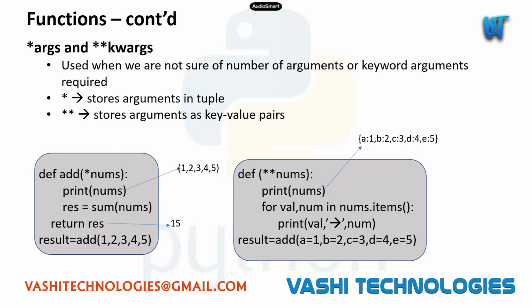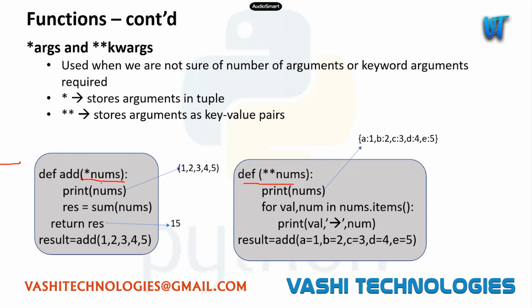Let's say I'm defining function with three numbers and you are trying to pass four numbers for performing addition operation, then it will throw error. So in such cases, we can use this star args and star kwargs. We just need to prefix star for arguments and a double star for keyword arguments. In such way, it can accept any number of arguments.